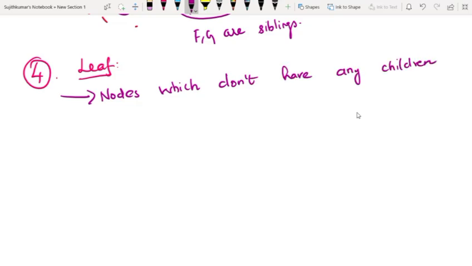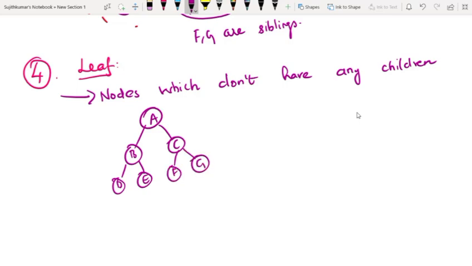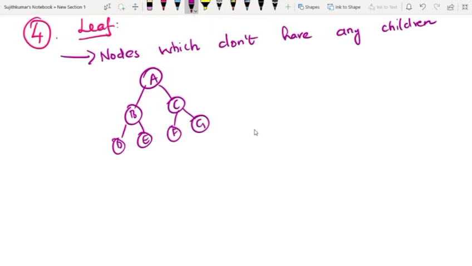Okay, I'll give you an example. This is A, this is B, this is C, D, E, F, G, right? This is an example. And here, what are the leaves of this tree? The leaves are D, E, F, G because they don't have any children.